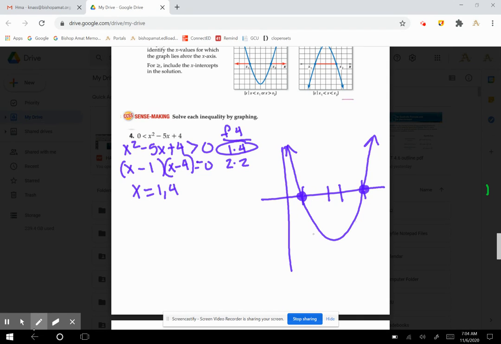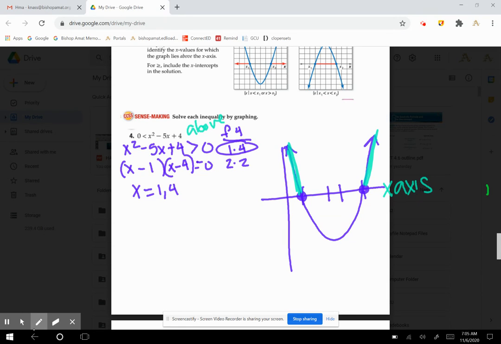When is this line greater than 0? And when we talk about greater than 0, we're talking about above the line, right? If something's greater than, you're above the line. So it's greater than 0 here and here, greater than the x-axis.